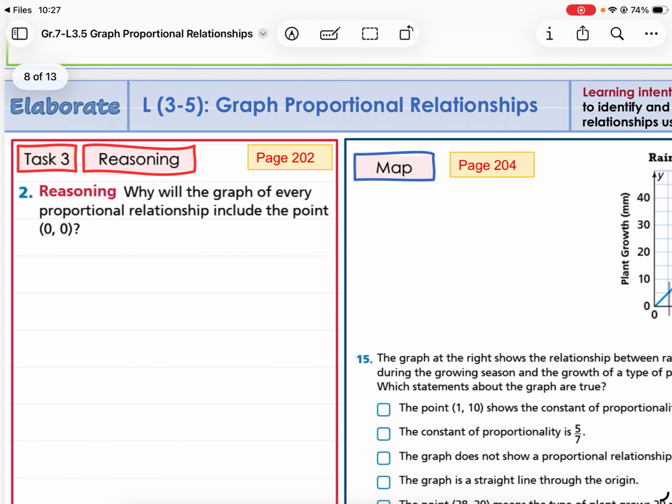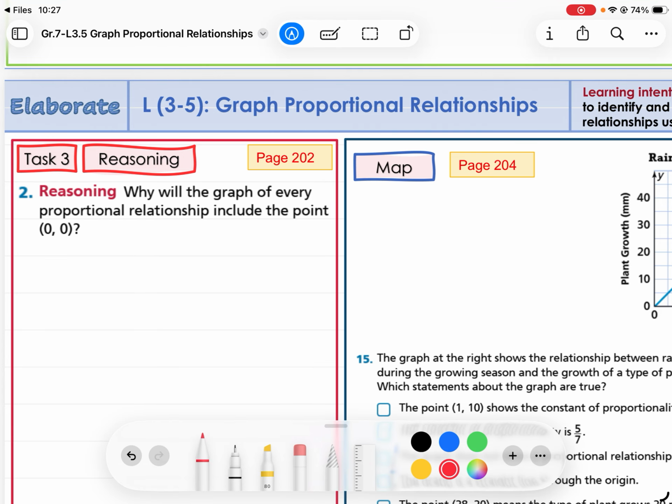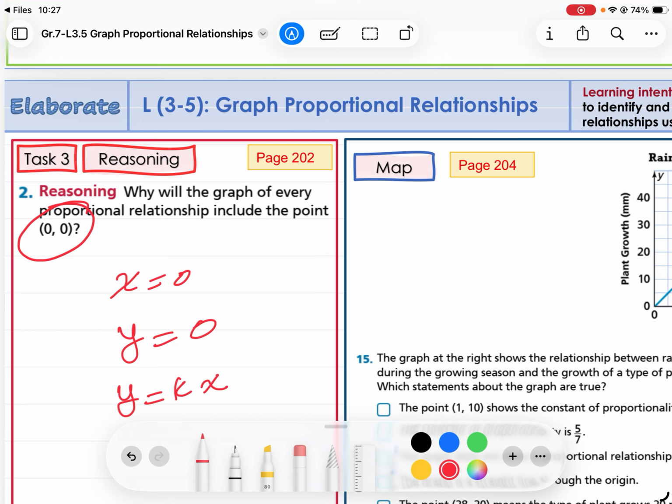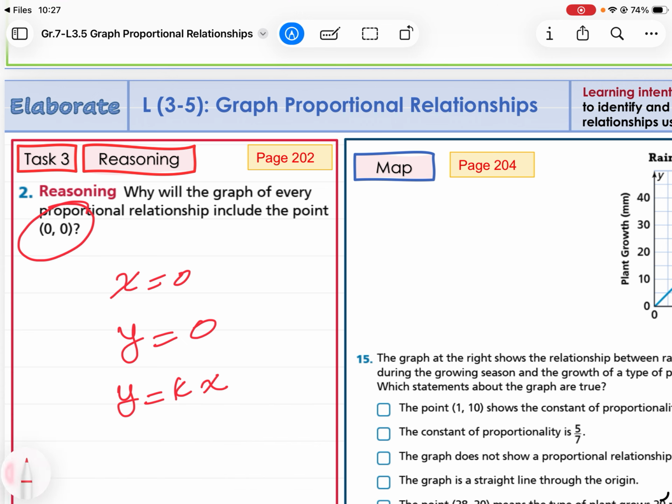Okay. And here, why will the graph of every proportional relationship include (0, 0)? Of course, they will include. Because when x is 0, y will be equal to 0. So y is equal to kx. That means y is equal to k times 0.